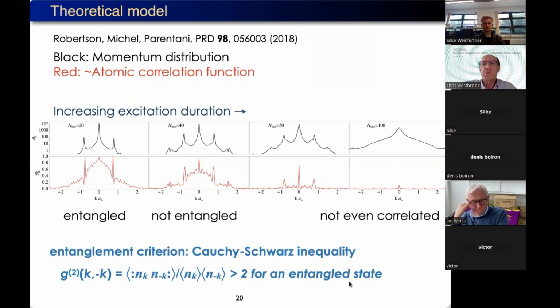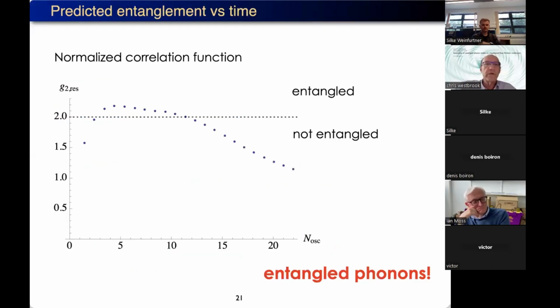And under the right circumstances, assuming the states are Gaussian, if this number is bigger than 2, one can claim the state is entangled. So here is their theoretical prediction for this entanglement witness.